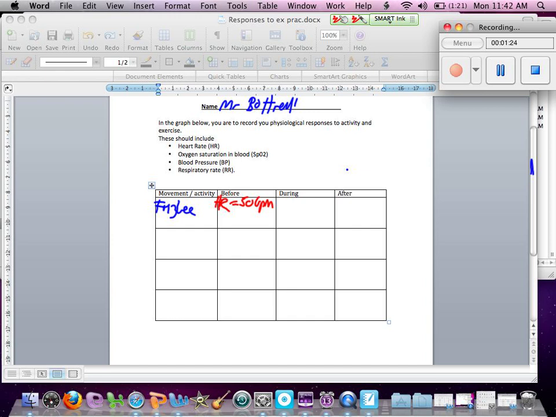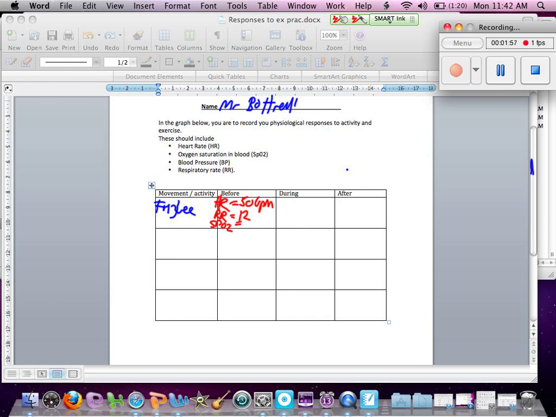Let's say I'm pretty average, so 12 breaths per minute. And another one we took was our blood oxygen content, our SpO2, which would have been 98.